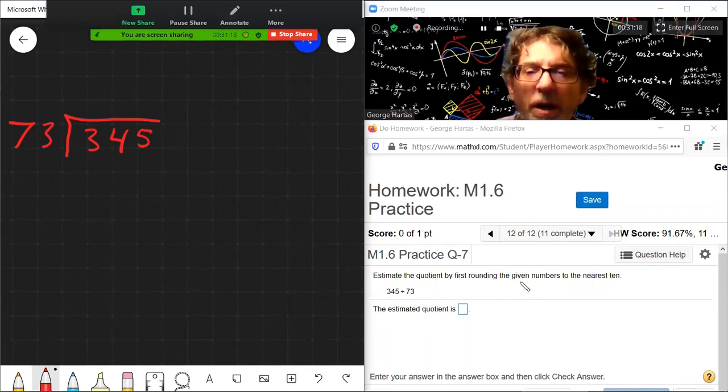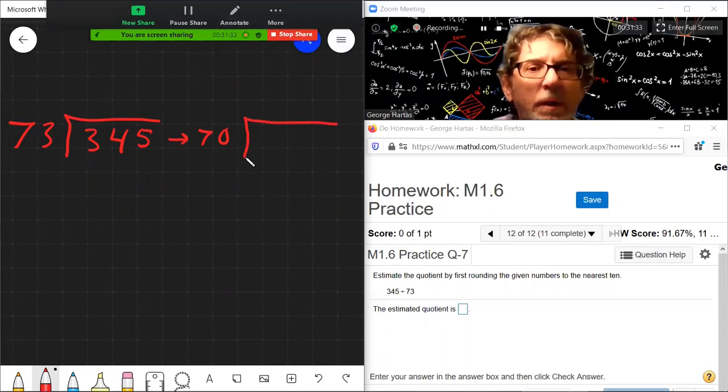Now, estimate the quotient by rounding to the nearest 10. So let's look at the 73. Well, 73 to the nearest 10 is 70. 345 to the nearest 10, which is here, is 350, right?